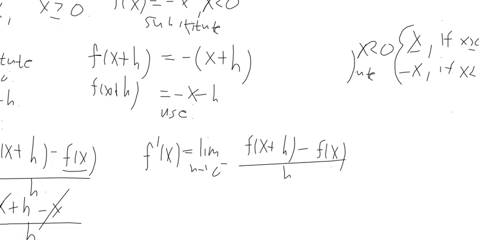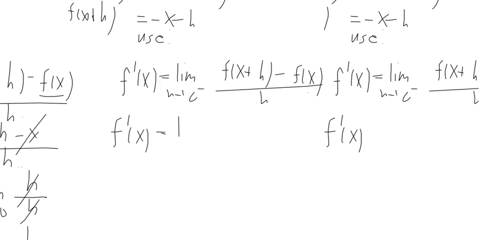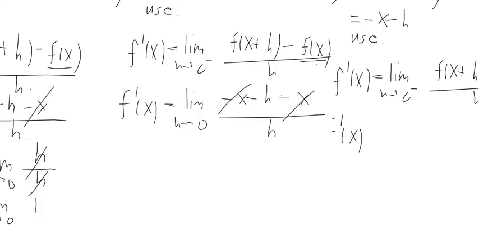Then we continue: f prime of x equals the limit as h goes to 0 of f of x plus h, which was negative x minus h, minus f of x, that's negative x, because that's what we had for the negative branch of absolute value of x, all over h. Negative x and negative x is negative 2x, so we get f prime of x equals the limit as h goes to 0 of negative 2x minus h all over h.